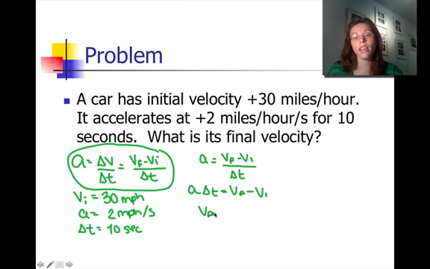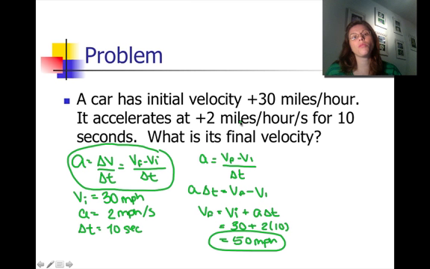So we get Vf is equal to Vi plus a times change in time. And then we could just plug and check. So 30 plus 2 times 10. So that's 30 plus 20, which is 50 miles per hour.